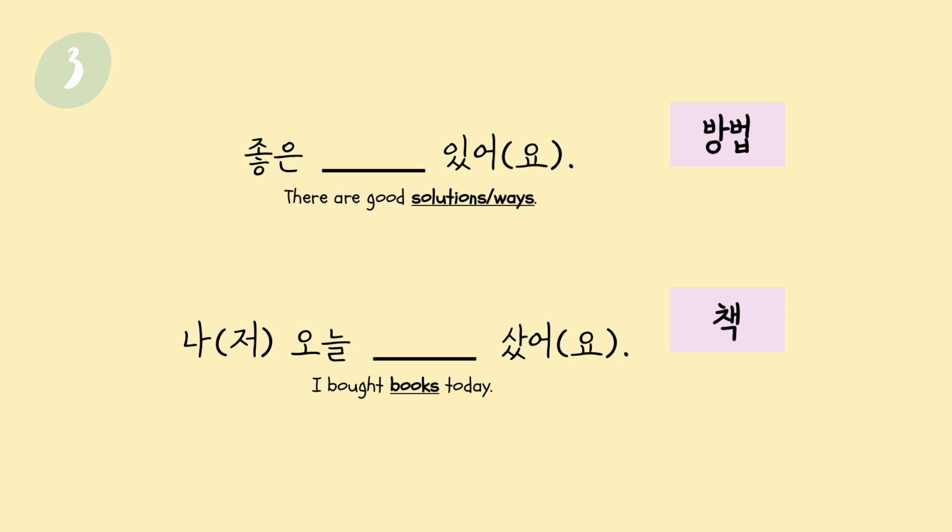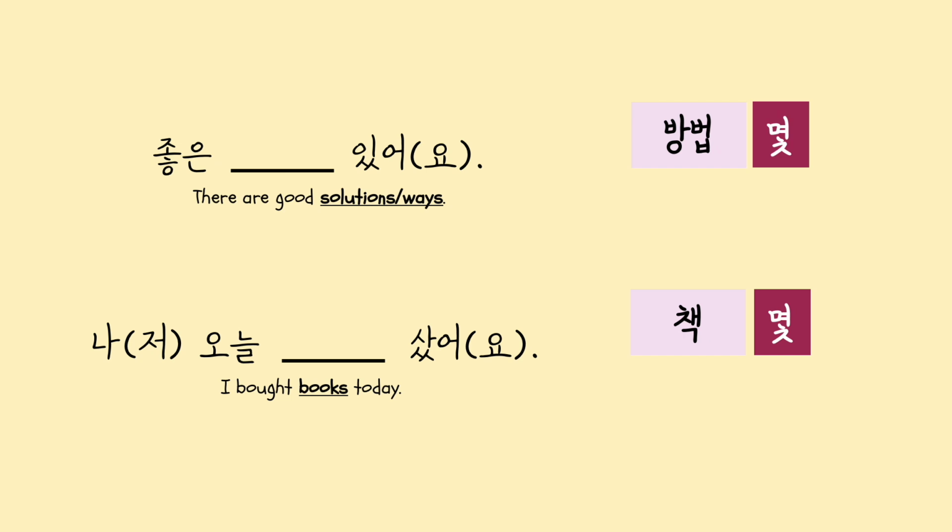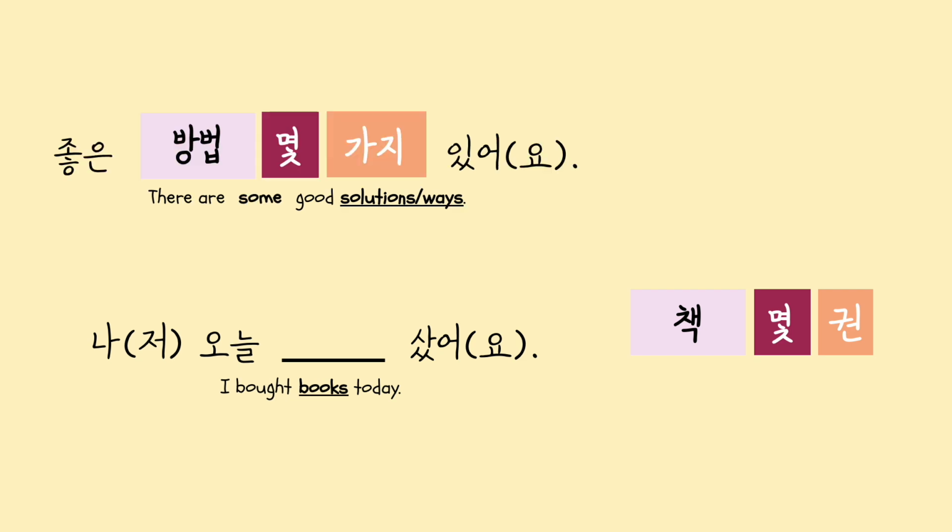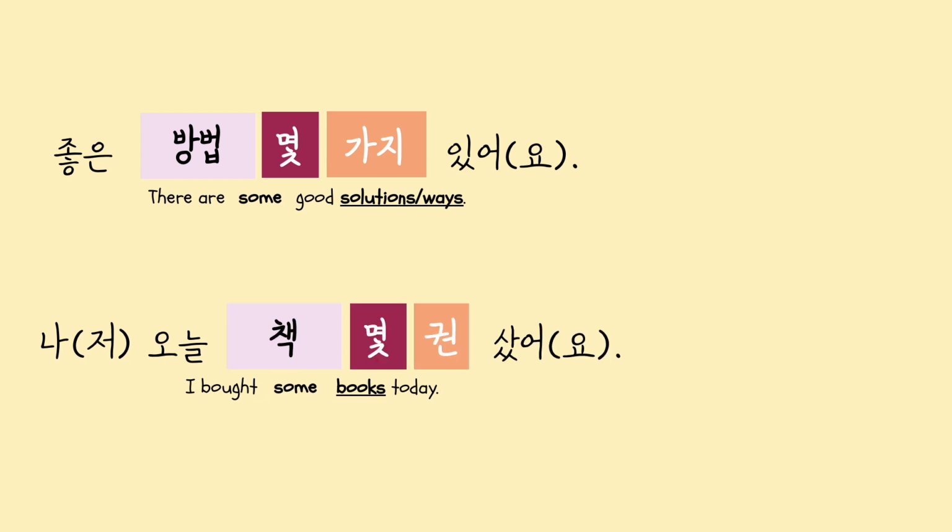But if you want to clarify or emphasize that you are talking about plural nouns, then you should use 몇, which means some or a few, and then add a counting unit. 좋은 방법 몇 가지 있어. 나 오늘 책 몇 권 샀어.